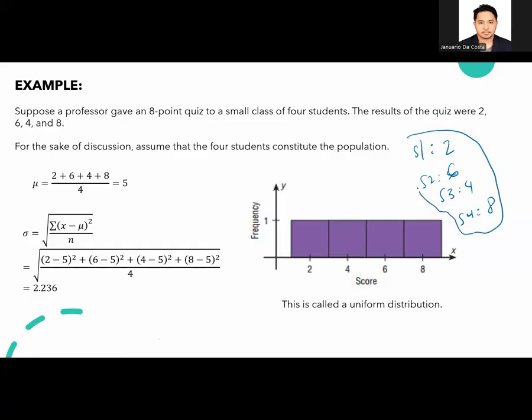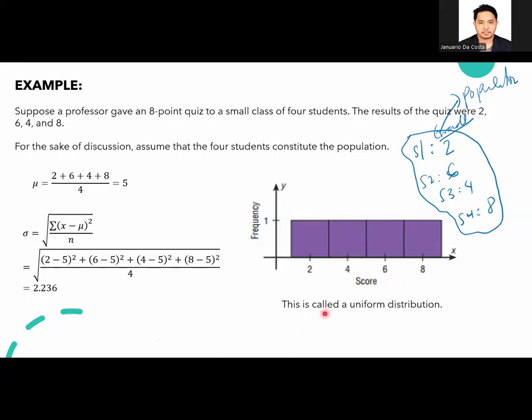Obviously this is not true, but just imagine that for the sake of discussion. This is your entire population. If you plot each individual grade by a frequency distribution, you will get a uniform distribution, which is not a normal distribution.